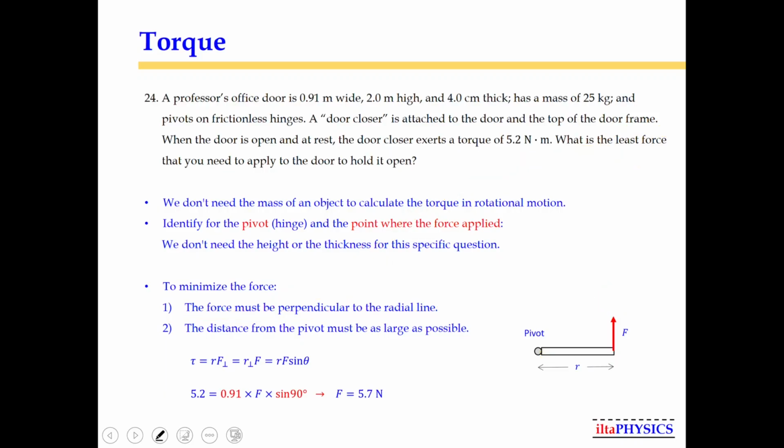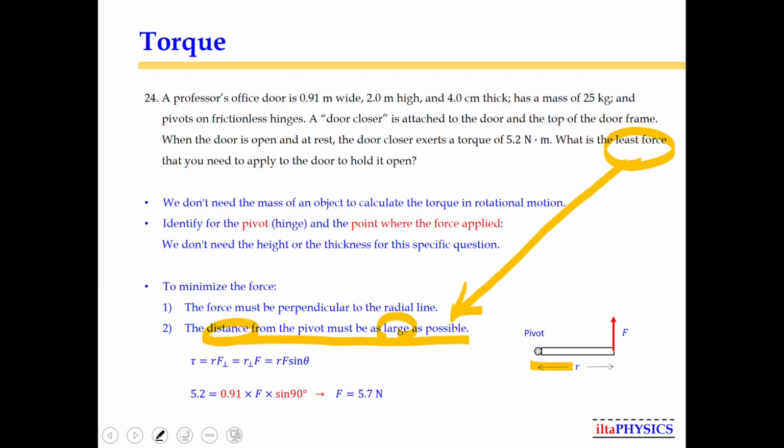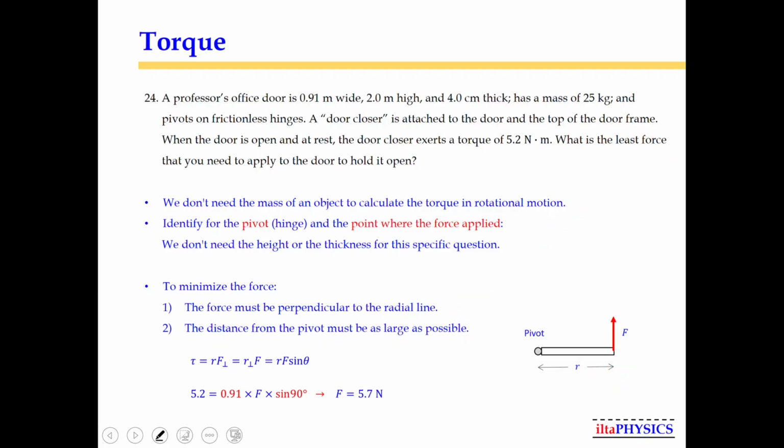Second, the distance between the axis and the point of application must be as large as possible to minimize the required force. Therefore, if we plug these into the torque formula, the minimum applied force comes out to 5.7 newtons. The calculation itself is very simple. If you understand the concepts and the problem's conditions, you can solve it easily.